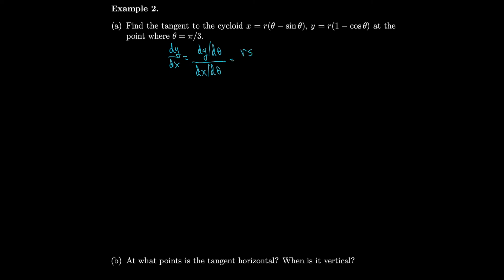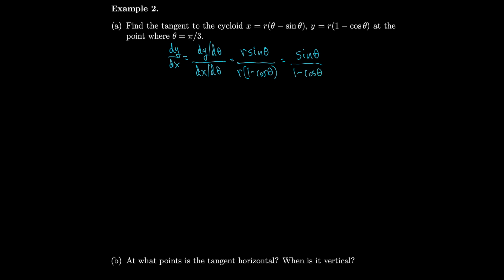So that's r sine theta, when we take the derivative of this with respect to theta, because r is a constant, and the derivative of minus cosine times r is just r sine. And we divide by r times (1 - cosine theta), because that's this derivative, we get a 1 from theta because it's not constant. So this simplifies to sine theta over 1 minus cosine theta.